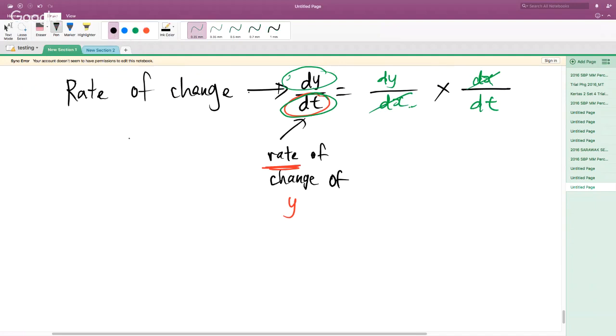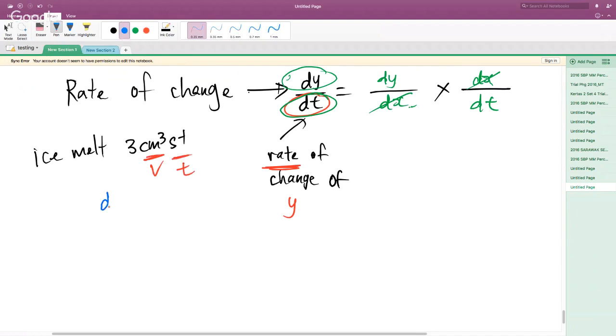And for the chain rule, there is something you must be very careful about. Let's say the ice melts at maybe 3 cm cube per second. When I see cm cube, I know it's volume. When I see per second, I know this is time.